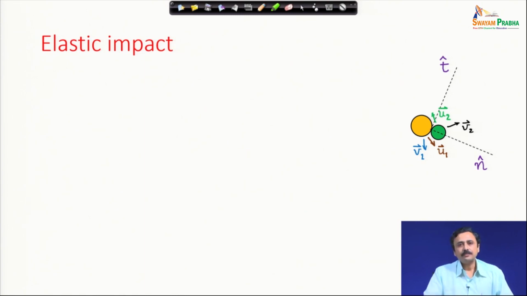Now, here I have additionally shown the normal direction and the tangential direction. The normal direction is along the line joining the two particles, and the tangential direction is of course orthogonal to the normal. Now, there are two orthogonal directions.